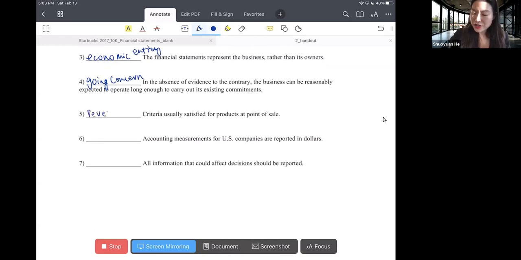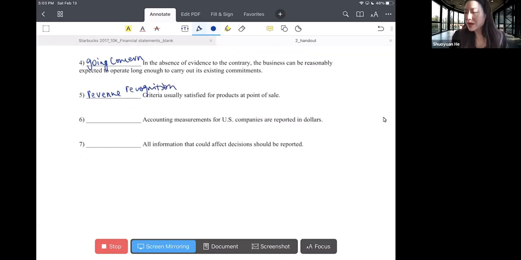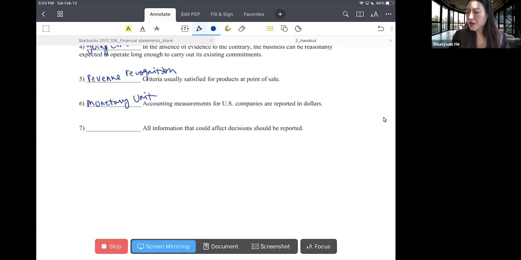Revenue recognition. Accounting measurement for US companies are reported in dollars, monetary unit. All information that could affect decisions should be reported. That's full disclosure.